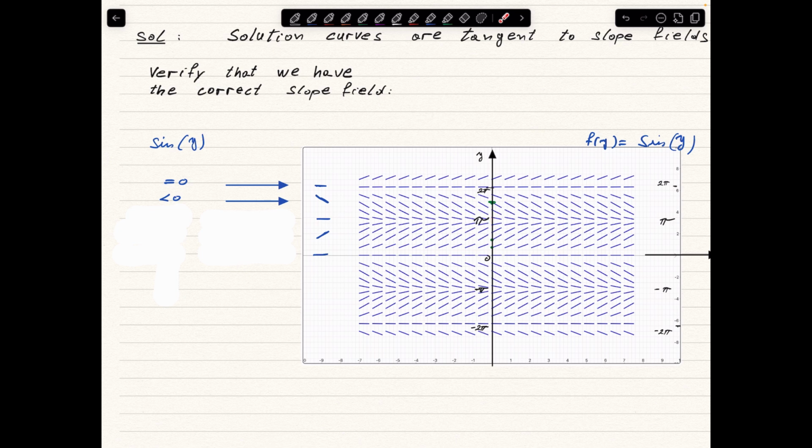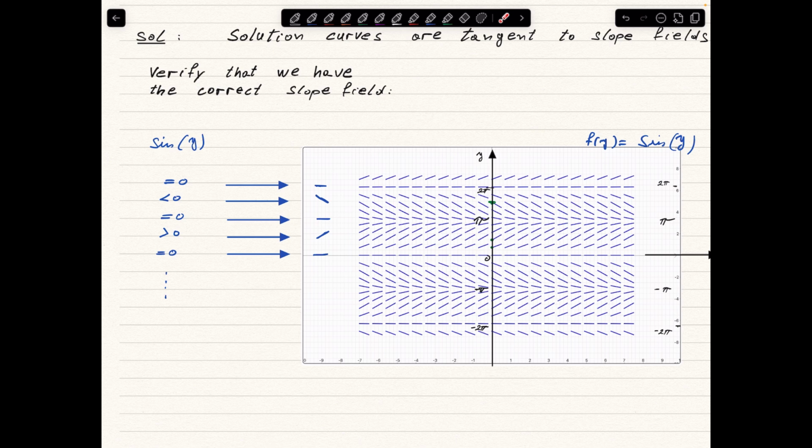But if we had, you see one is negative, the other is positive, so it should be 0. So 0 at pi, and then at pi over 2, more or less, we have 1, so positive, and then 0 at 0. So yes, it makes sense, it agrees, so this is probably the right slope field for sine of y.